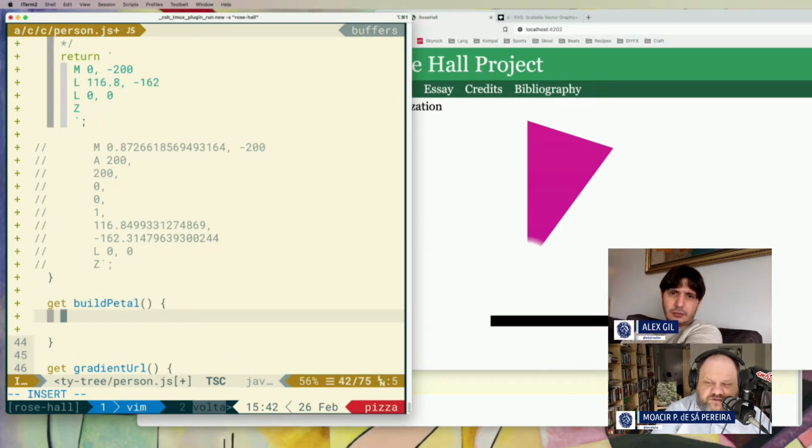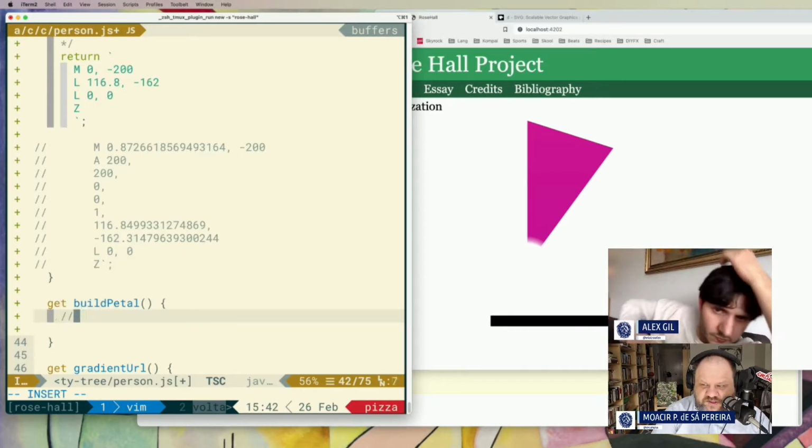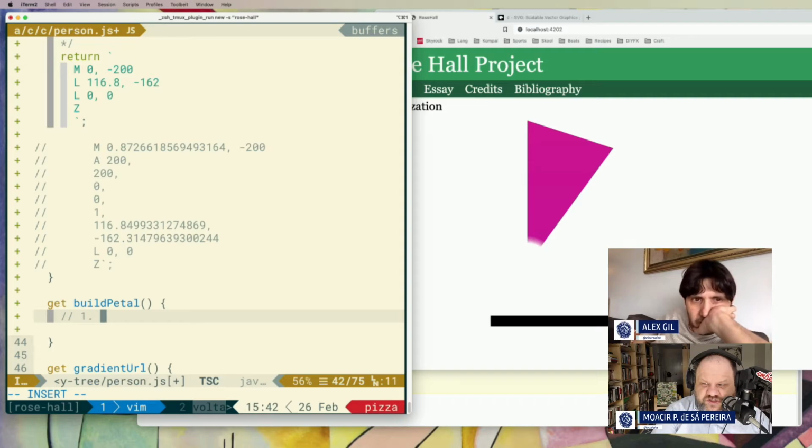So build pedal needs to do a couple things. First, it needs to know how tall to draw the wedge.